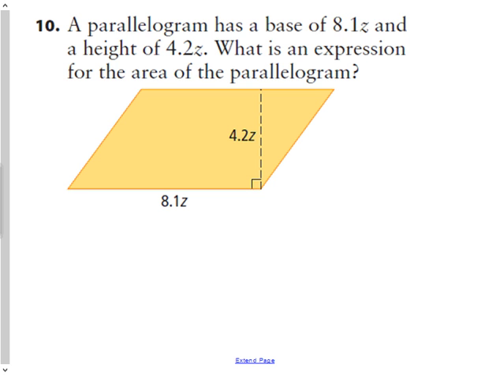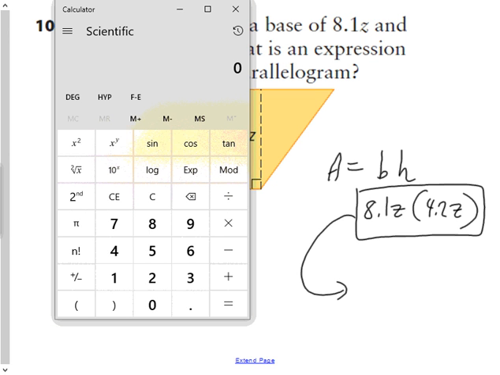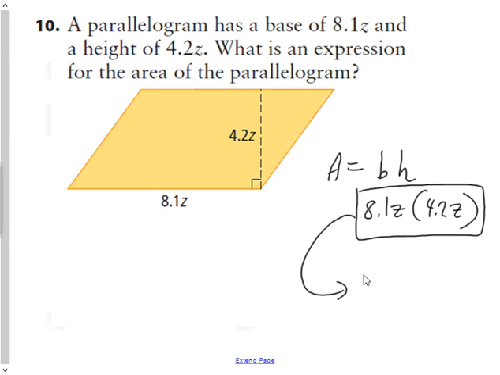Question 10 says a parallelogram has a base of 8.1z and a height of 4.2z. What is the expression for the area of the parallelogram? Again, parallelogram's area, you might have forgotten this because it's a grade 7 outcome, is base times height, or 8.1z multiplied by 4.2z, and that's the expression that represents the area, and the actual area would be 34.02 is the combined coefficients.